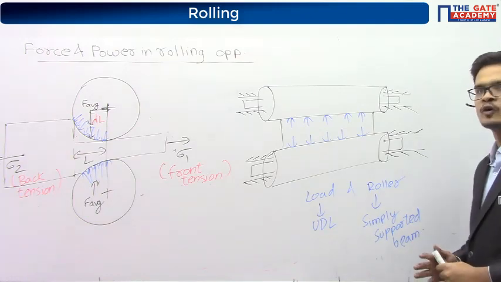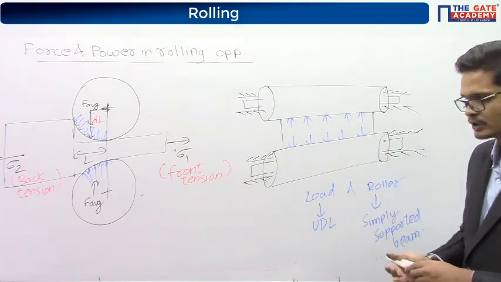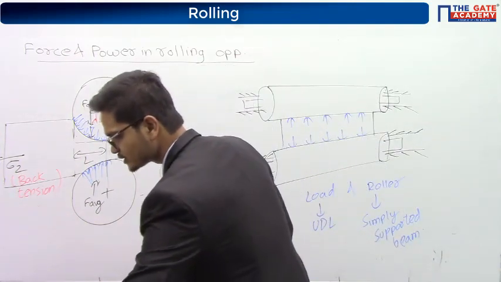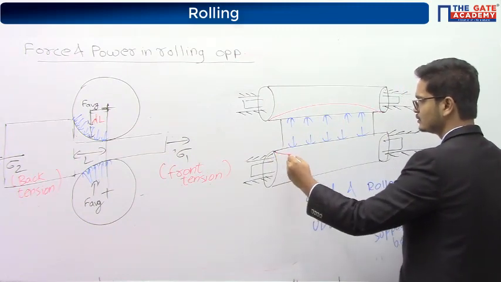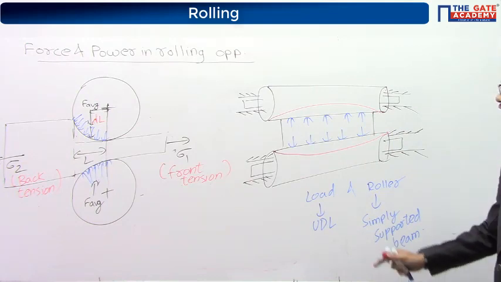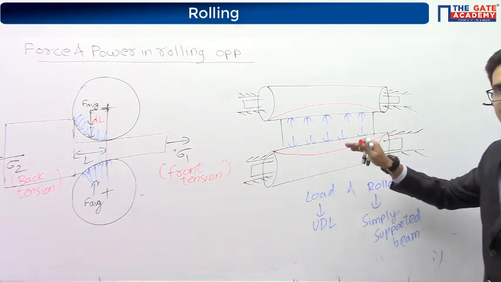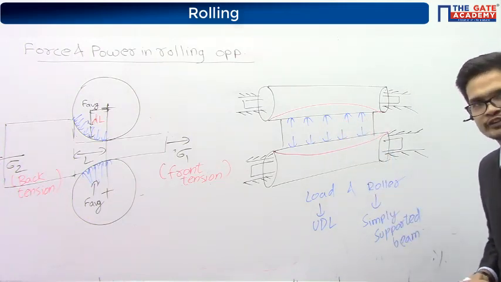When a UDL acts on a simply supported beam, if you see the deflection diagram, this kind of bending will take place. Whenever a uniformly distributed load acts on a simply supported beam, this kind of deflection will take place.